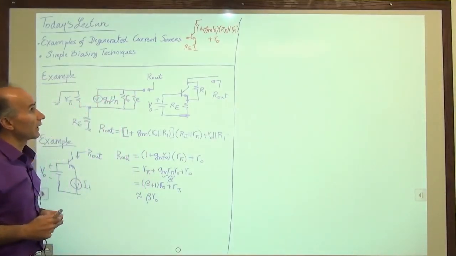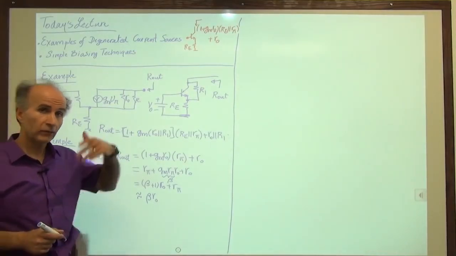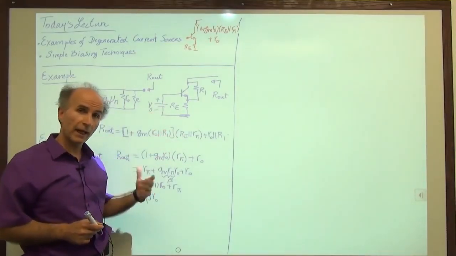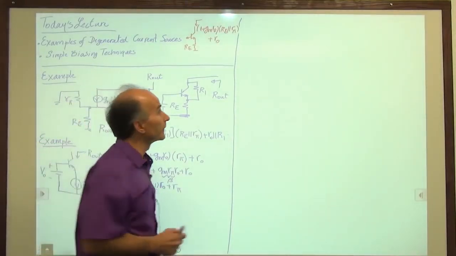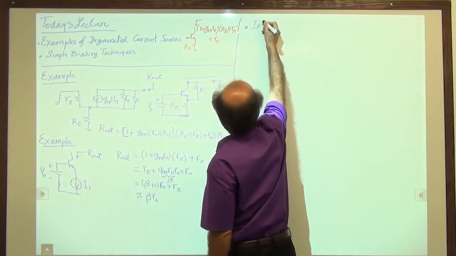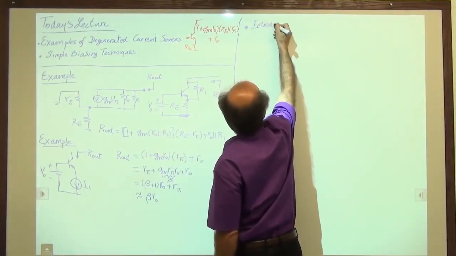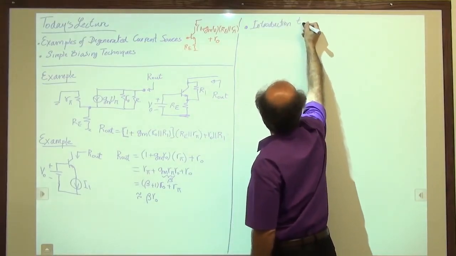All right. We are now ready to look at some biasing techniques. So let's go back to a long time ago and see how we biased our common emitter stage anyway. Let's take a look at simple biasing.